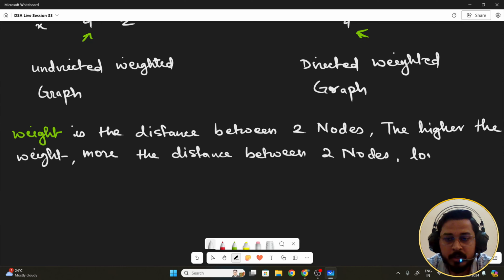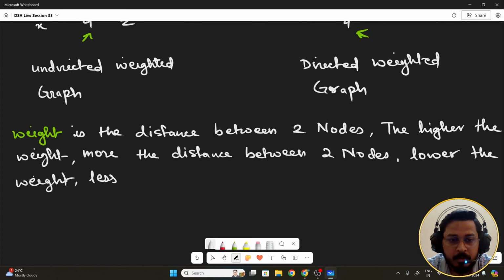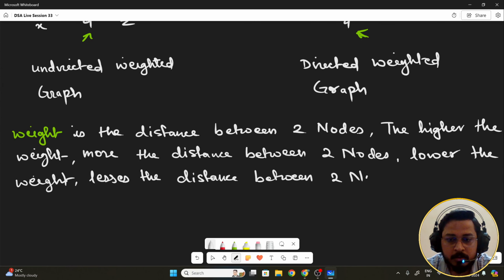Similarly, lower the weight, lesser the distance between two nodes. Okay, guys, I hope this is very, very much clear to all of you. Okay, so this is weights.